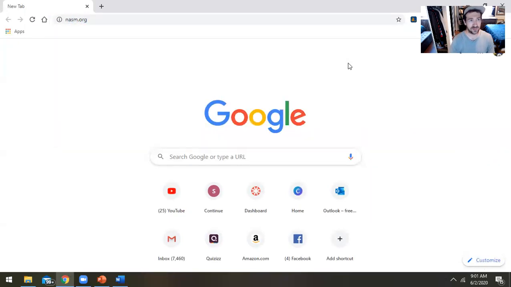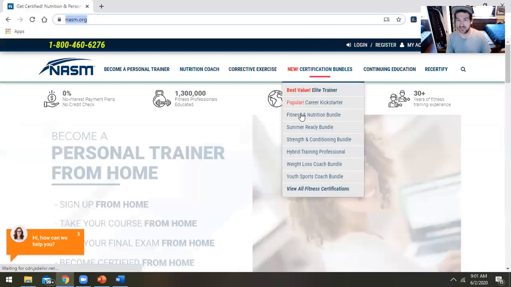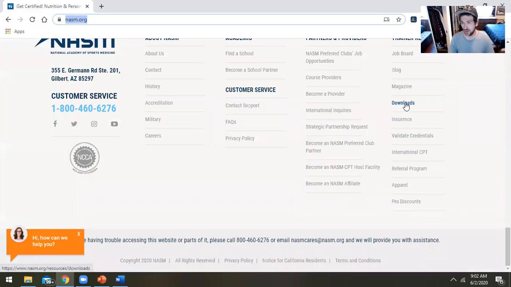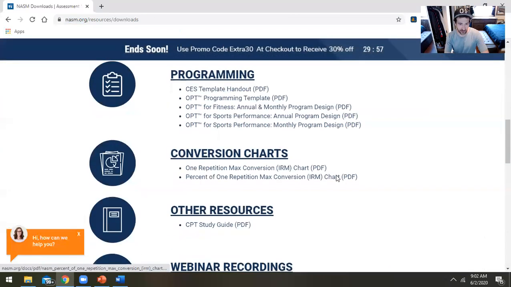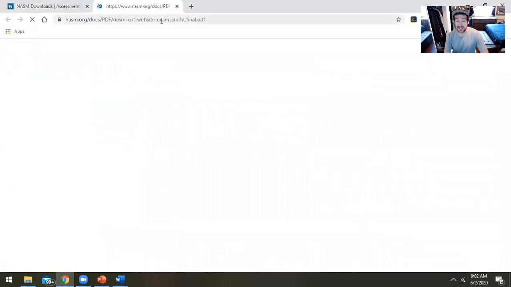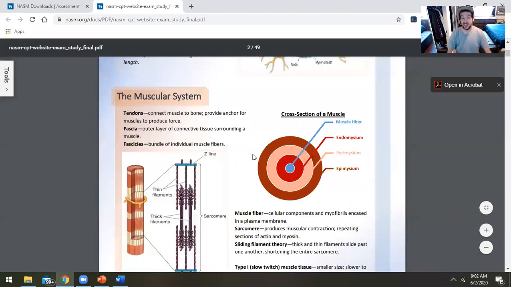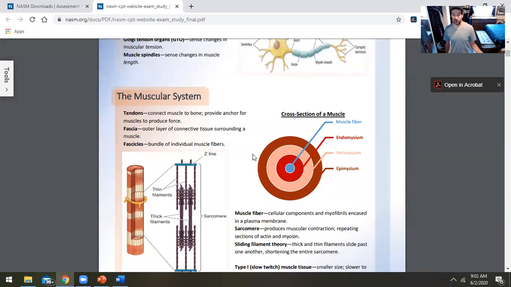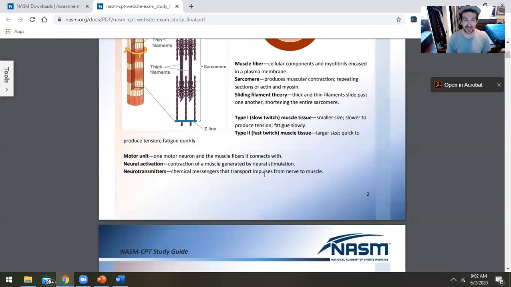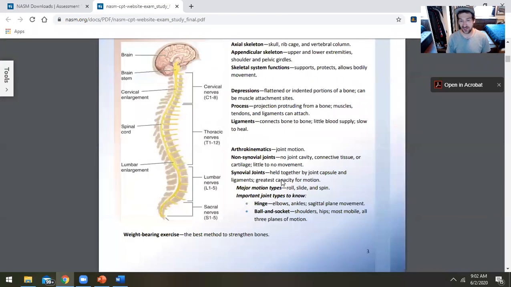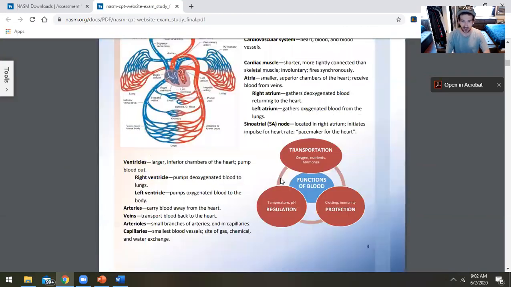If you go to NASM's website and go down to the resources or downloads section at the bottom, one of the things you can download is the CPT study guide. It's a cool summary, almost like the summaries I do for our final exams, a really brief layout of key information that blasts through really quick. It's like, there's the muscular system, and there's the skeletal system, and there's the cardiovascular system.